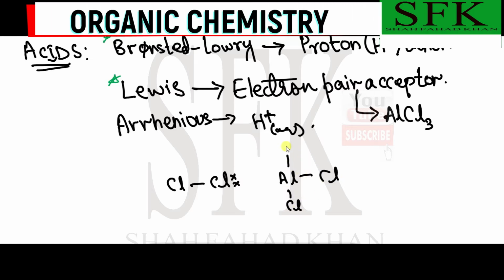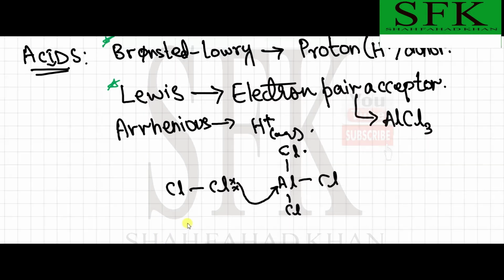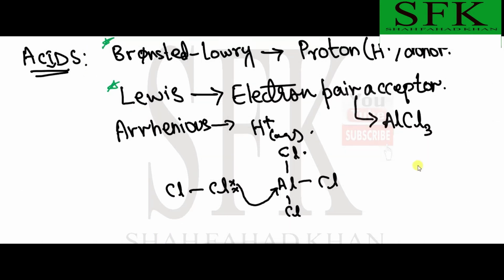So how did it react? This chlorine atom donated its electron pair to the aluminum atom. So this molecule is accepting electron pairs. Any compound that accepts electrons is a Lewis acid. Okay, now this is for acids.